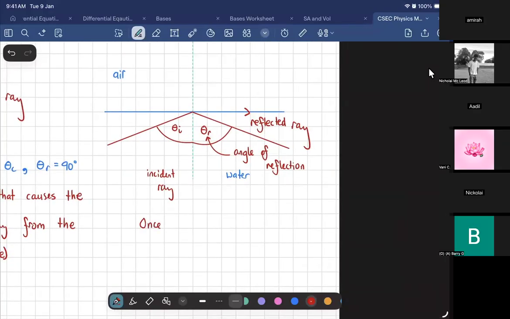Once you exceed theta C, total internal reflection takes place.